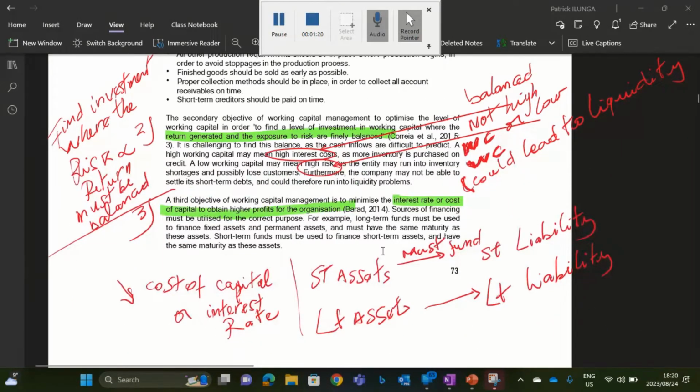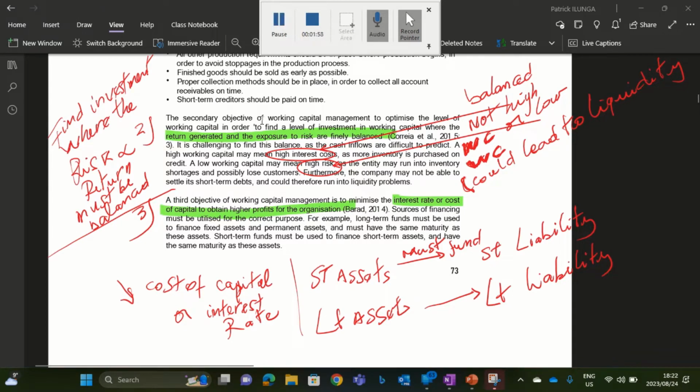The third objective will be to minimize the interest rate or the cost of capital. Interest rate, another word for cost of capital, needs to be minimized. We should be able to obtain capital at a cheap cost. And in essence here, we need to be able to finance short-term asset with short-term liability, and long-term asset must fund long-term liability.